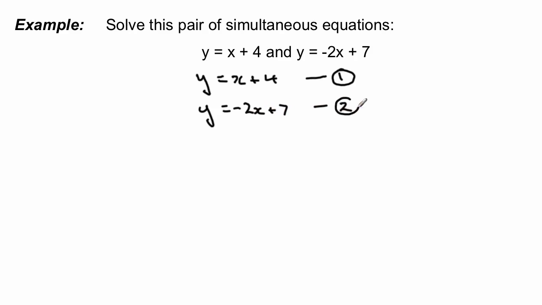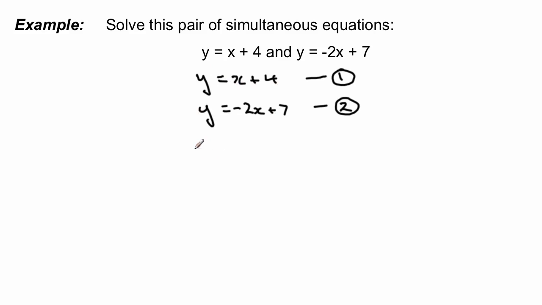Now you'll notice that y equals x plus 4 and y equals minus 2x plus 7. So we can actually get rid of one of the values from the equations, in other words the y value, by replacing it with x plus 4 in the second equation.